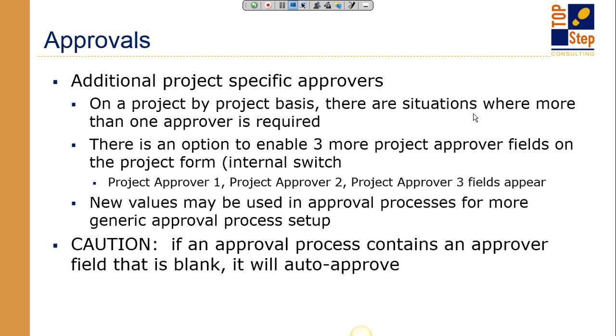And these will all be available in the approval processes that you set up. If you enable this and you set up your business development manager as approver 1, but you don't enter a value, it will just auto-approve. So it looks to see if there's a person there, similar to if there was no project manager or owner. It would just auto-approve once the timesheet gets submitted for those approvals.